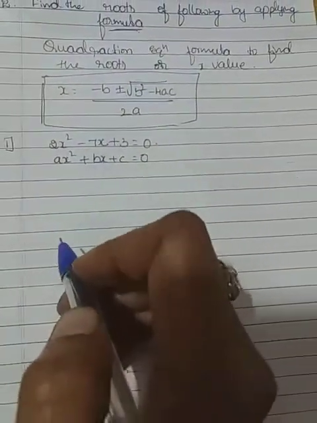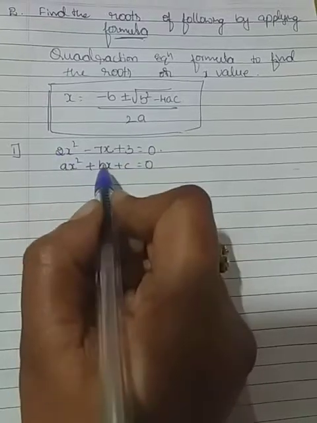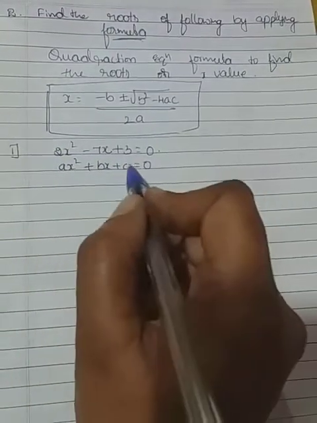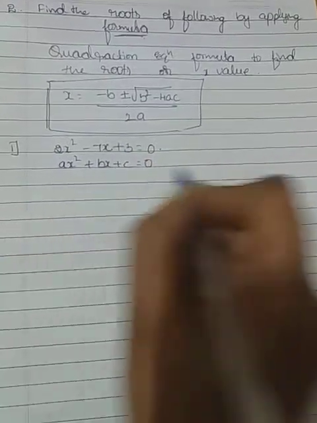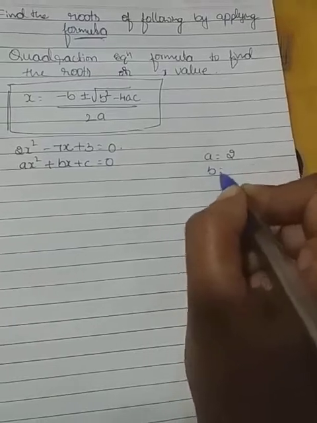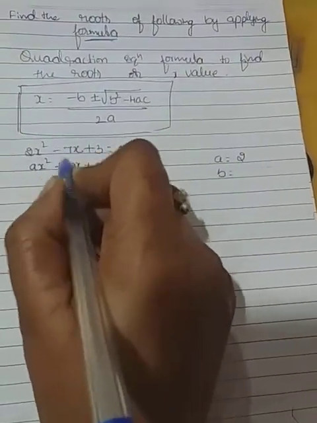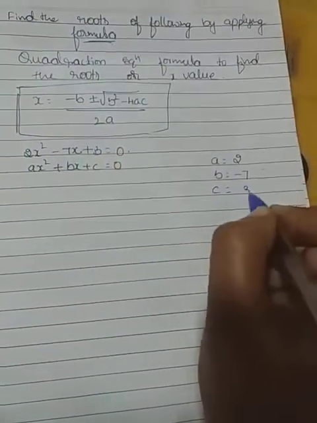Here a is the coefficient of x square, b is the coefficient of x, and c is the constant term. So let us write the values: a equal to 2, b equal to minus 7, and c equal to 3.